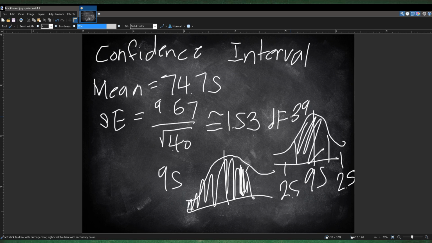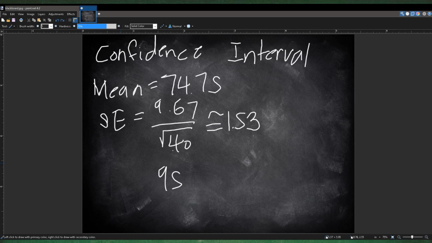Let me delete the pictures because we don't need them anymore. We have degrees of freedom of 39, and your inverse t for that area using your calculator is approximately 2.02.